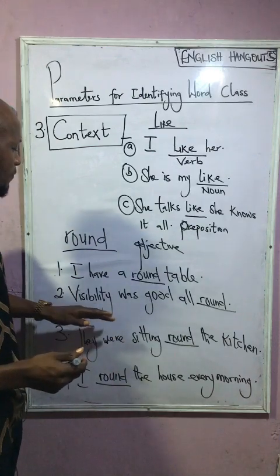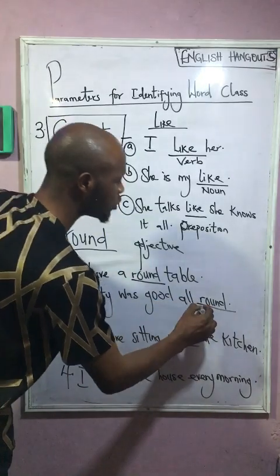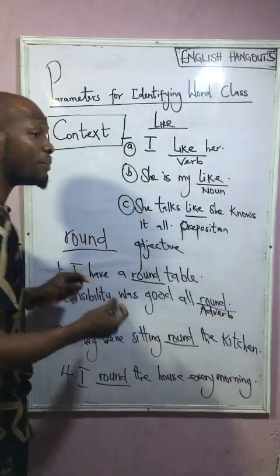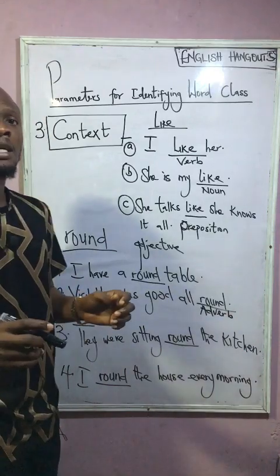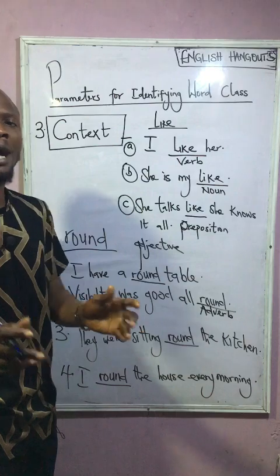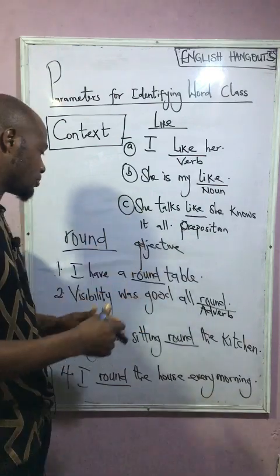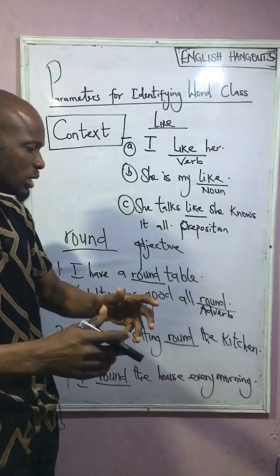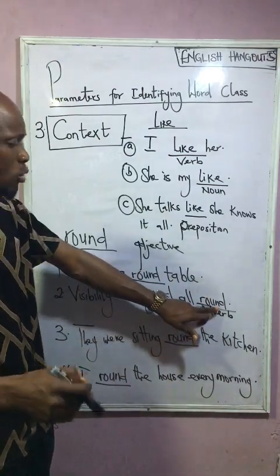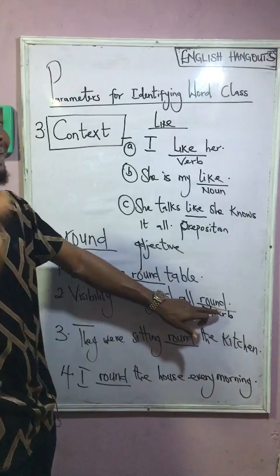Number 2, visibility was good all round. The round here is functioning as an adverb. One beautiful thing about adverbs is that they are mobile in nature. But here, we are not here to deal with the characteristics of adverbs, but to tell us how words can be different in contexts.